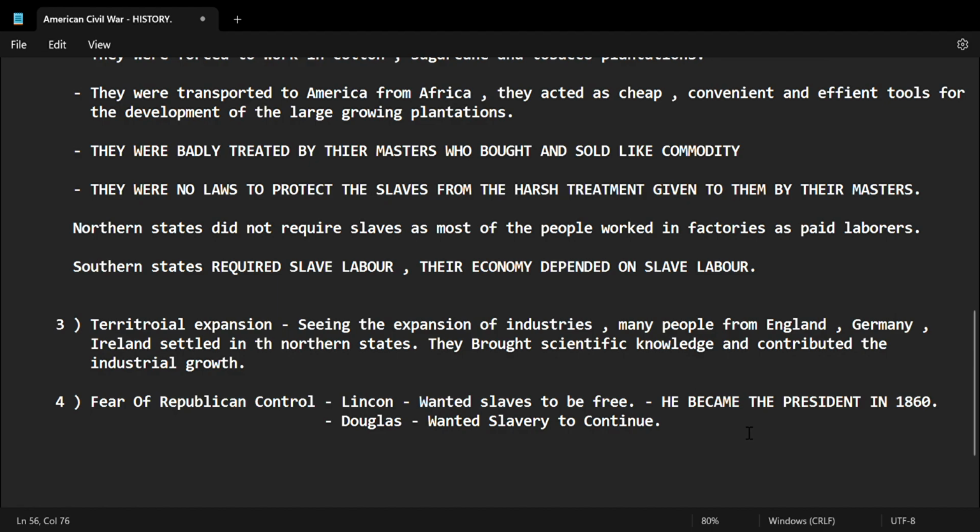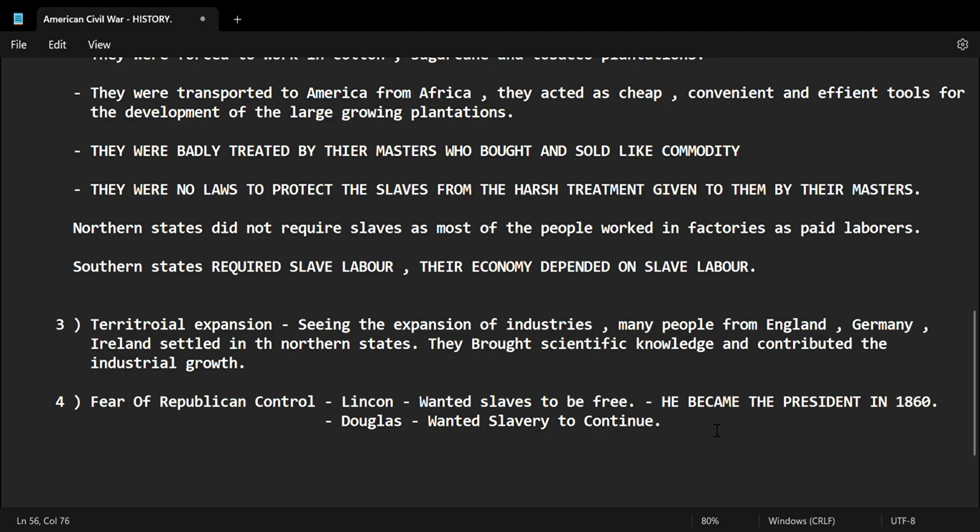But at the same time, he warned that while a state was free to join the Union voluntarily, no state had the right to secede after joining it. That means that once a state had joined the Union, it cannot leave, like Texas, South Carolina, Florida, Mississippi had left.